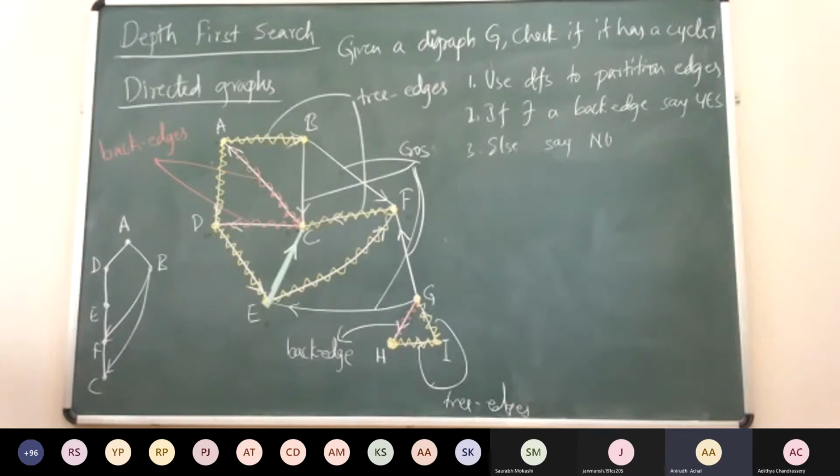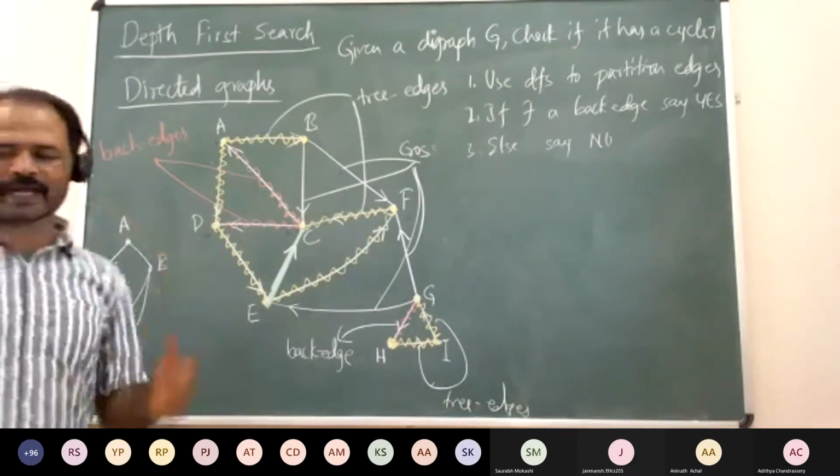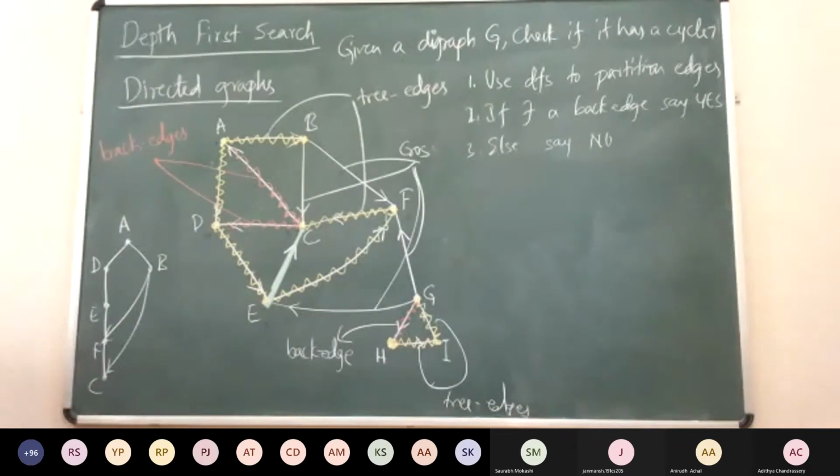That might be one case. You think about it, this is much more difficult. Suppose there is no back edge, then how do you say that the graph never contains any directed cycle? You can't search for every edge or every cycle in the graph, right? So a better way to do it is to go here.